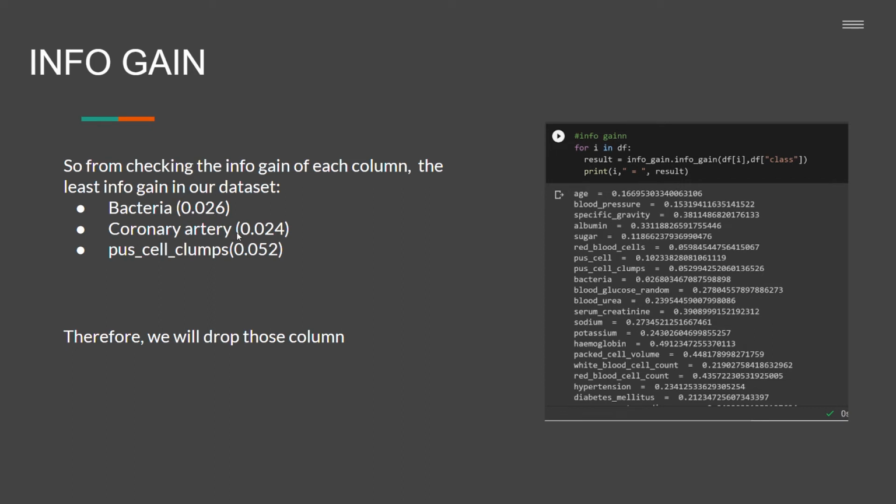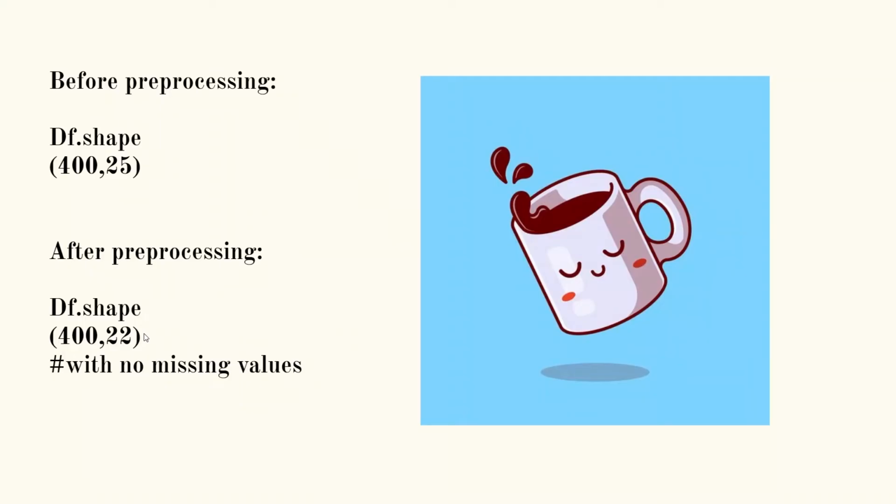Coronary artery is also 0.024, which is smaller, and pus cell clumps is 0.05. Because it is very small, it means they contribute the least information to our data, therefore we will drop those columns.